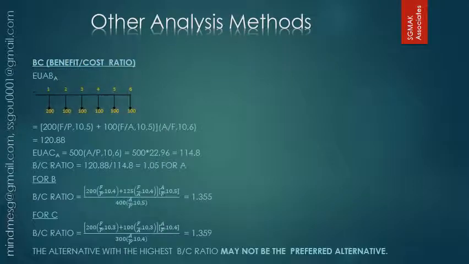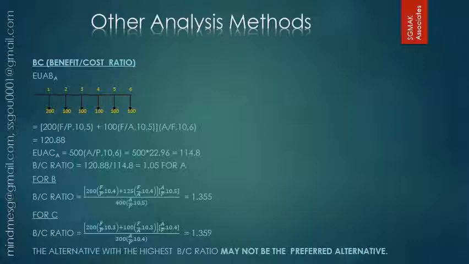Moving on, if we just compute the benefit cost ratio, for A, we get all the present value of benefits and get all the present value of cost. But in this case, since they have unequal life, we're comparing based on equivalent uniform annual value.